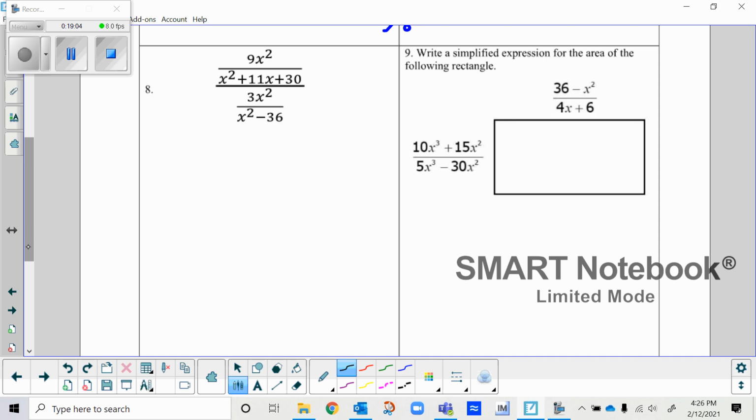So rewriting left to right gives me 9x squared over x squared plus 11x plus 30 divided by 3x squared over x squared minus 36. That's a division of two rational expressions. So we talked earlier about how that's a multiply by the reciprocal. You're going to keep the first one the same.